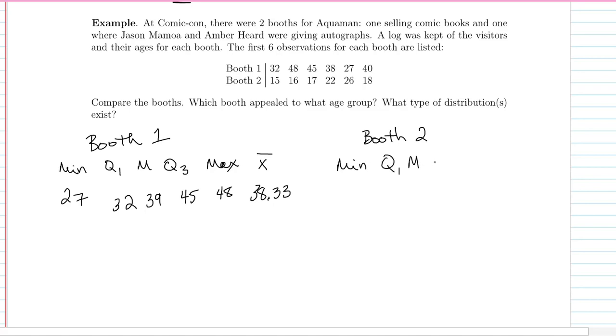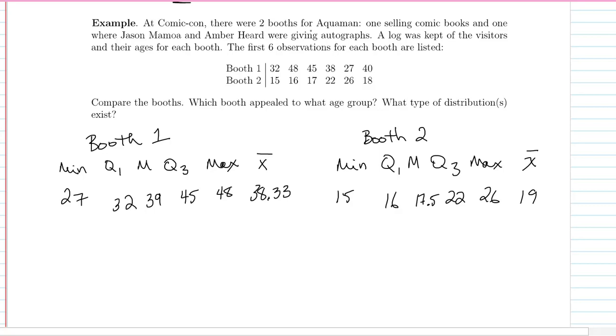Min, Q1, median, Q3, max, and I'm just going to go ahead and write X bar here. So your minimum is 15, maximum is 26, Q1 is 16, median is 17.5, Q3 is 22, and the X bar is approximately, or I guess exactly, 19.